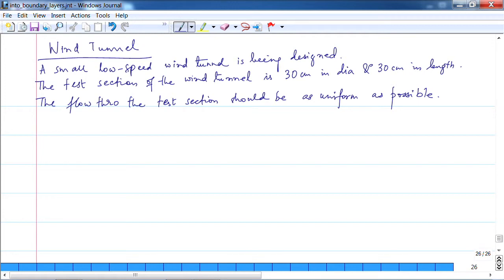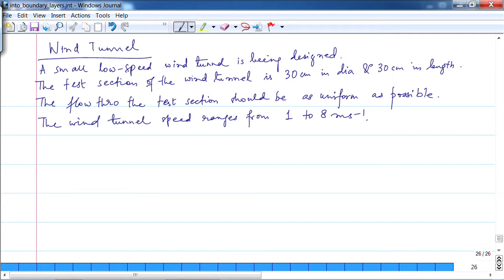Okay, the wind tunnel speed ranges from 1 to 8 meters per second.